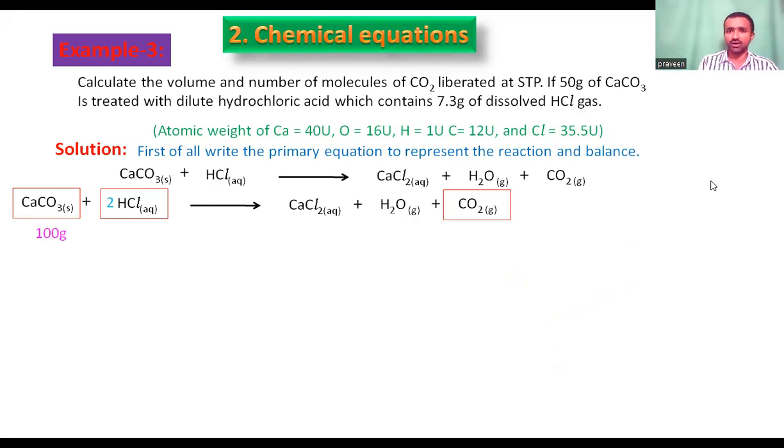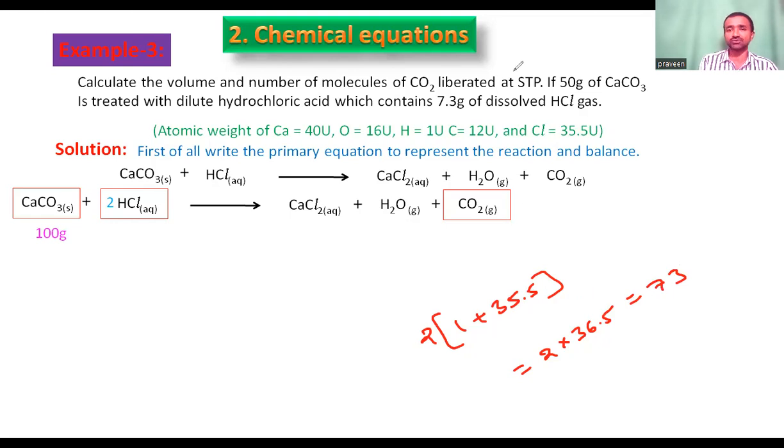Yes. Now we will go for HCl here. 2 into, here it is a multiplier, a coefficient. So take it as a whole. The next, HCl: H is 1 unit, Cl is 35.5. That equals 2 into 36.5 equals 73.